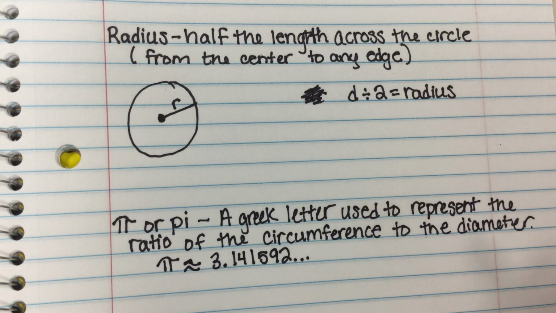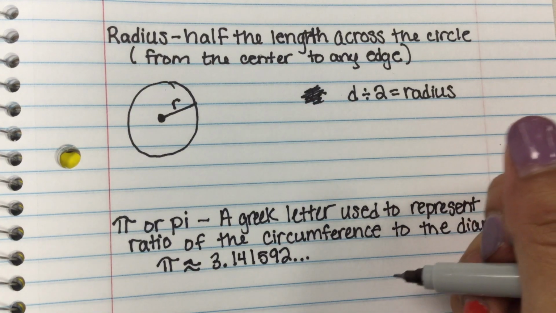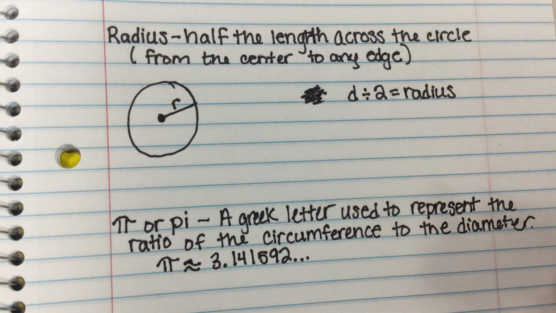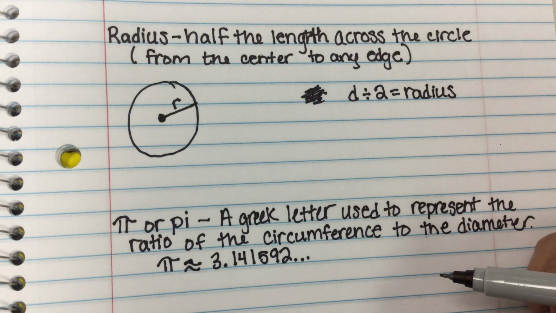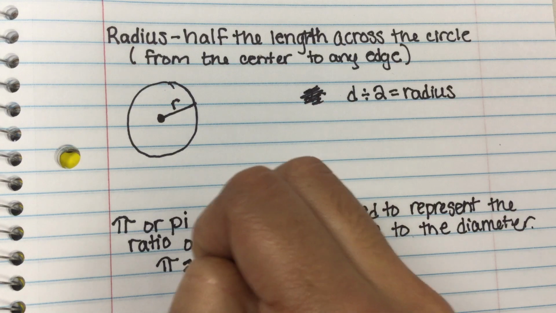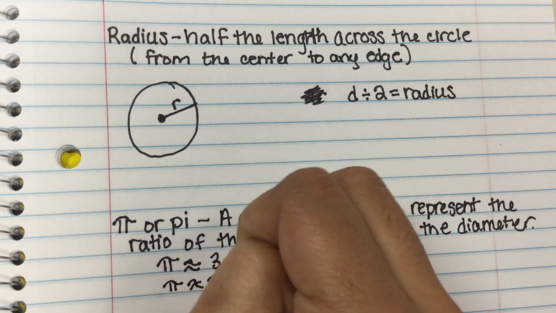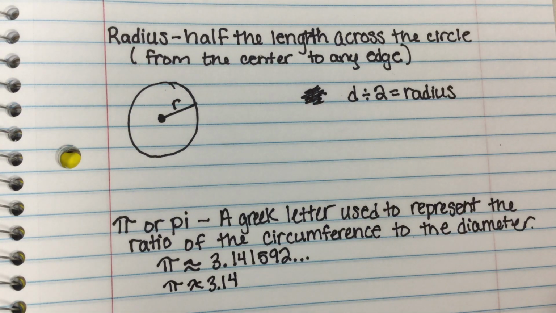That's what that represents, and the dot dot dot means it goes on and on forever. If you looked up the digits of pi, you would see that they continue on and on forever. For any math purposes, you can just use 3.14.